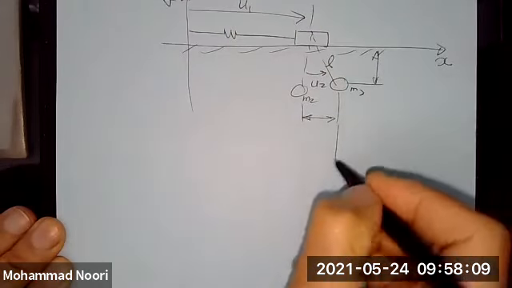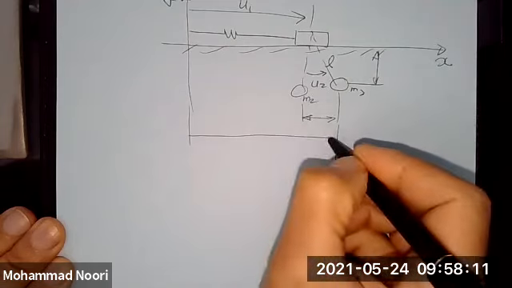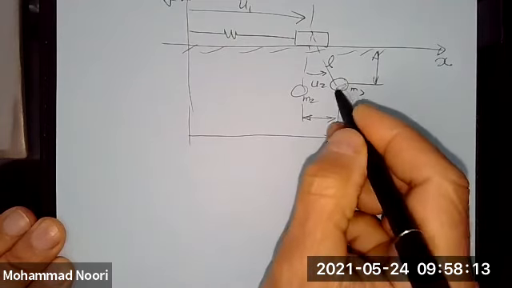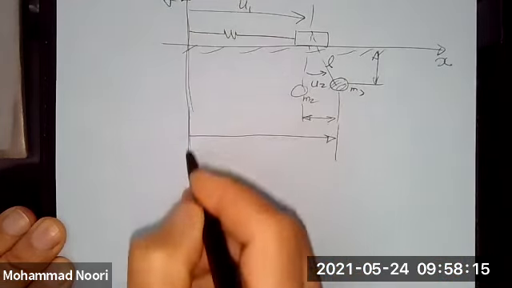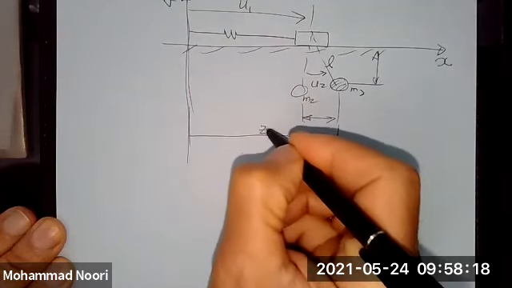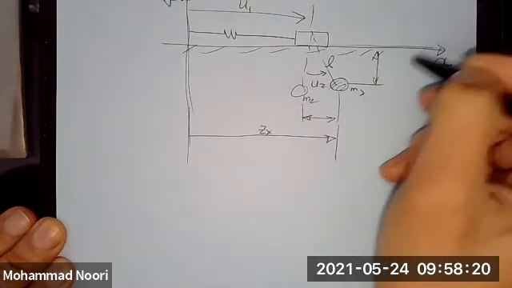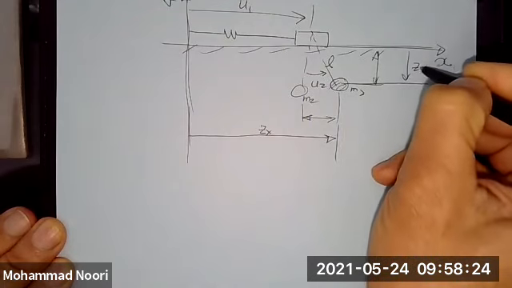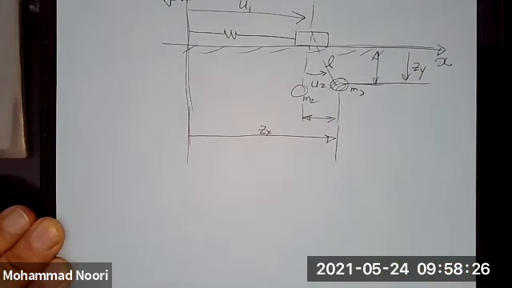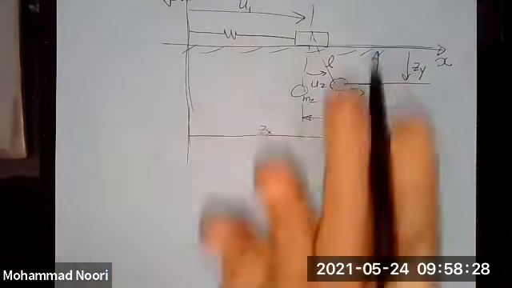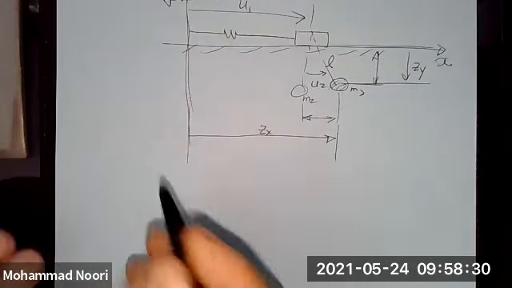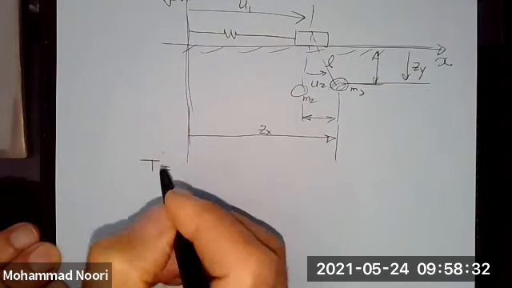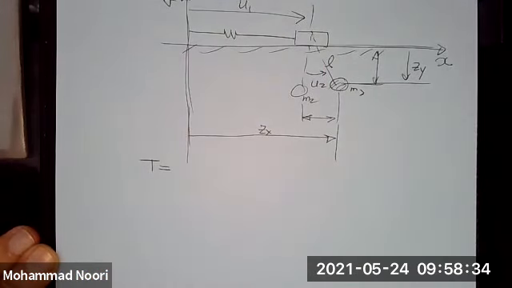Let's say that the displacement of this mass with respect to this reference frame is Zx, and with respect to this reference frame is Zy. Okay, so based on that geometry, I can now set up the kinetic and potential energy.